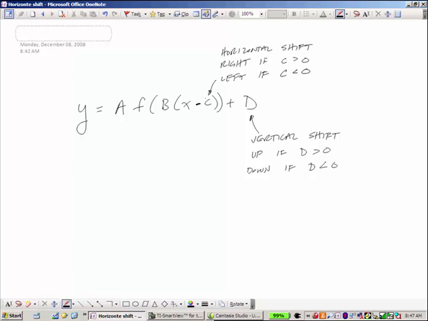Evan? So I could say if x plus c is greater than 0, then you shift left. You could say x plus c. If c is greater than 0, then you shift left. I thought if it's the sum value of x plus c. It's what c does to that value. X is a variable here.